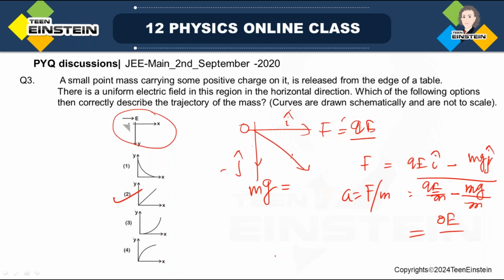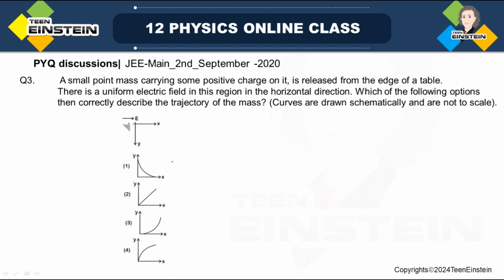But if the acceleration is constant and an initial velocity is there, then it will be parabolic in nature. So I hope you have got this point. Let me just clarify it once again.